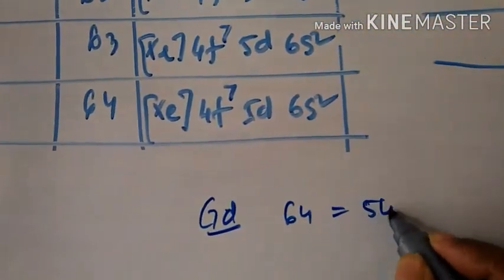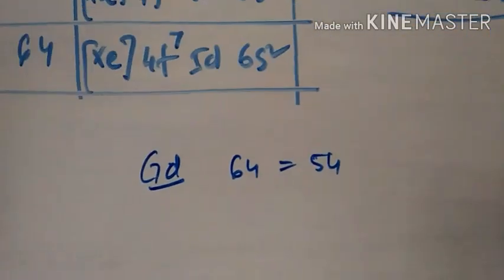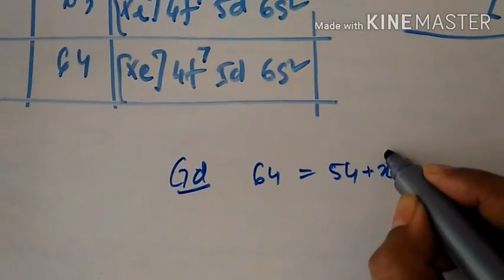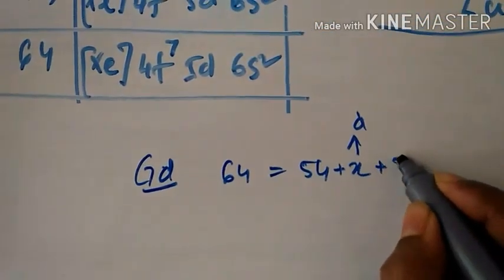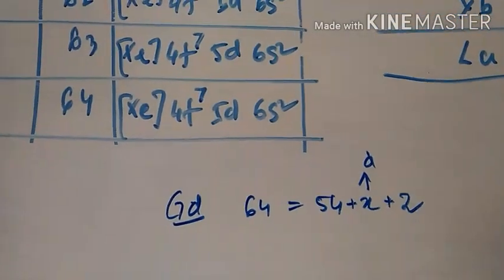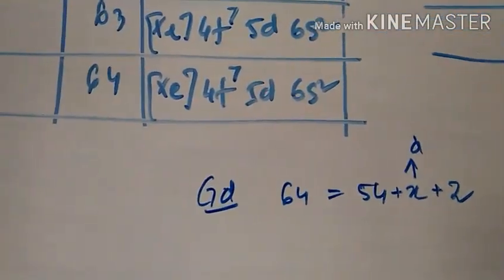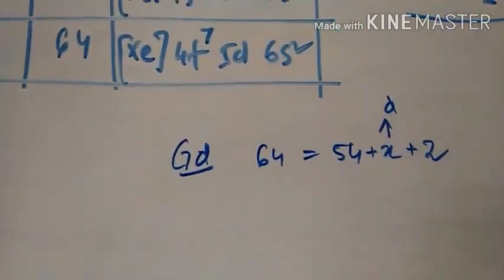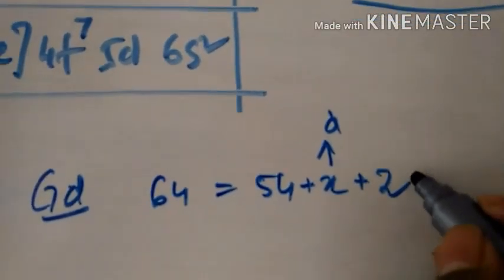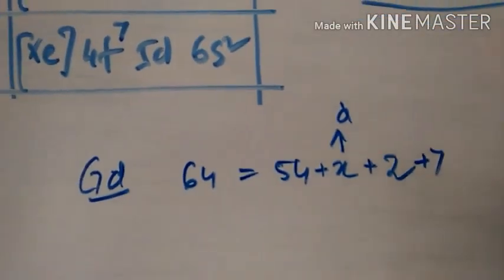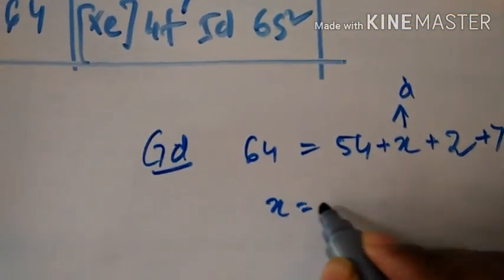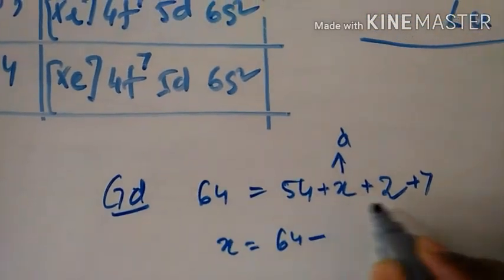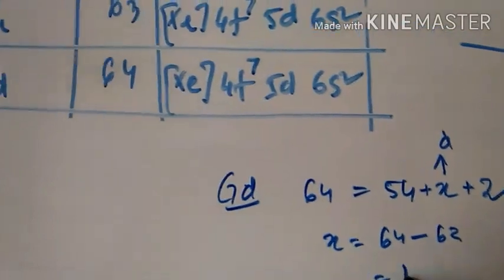So 54 is for xenon, and then x electrons for D, and 2 electrons for S that you have already measured, and 7 electrons for F. Now if we calculate x, it will come 64 minus 63, so 1.